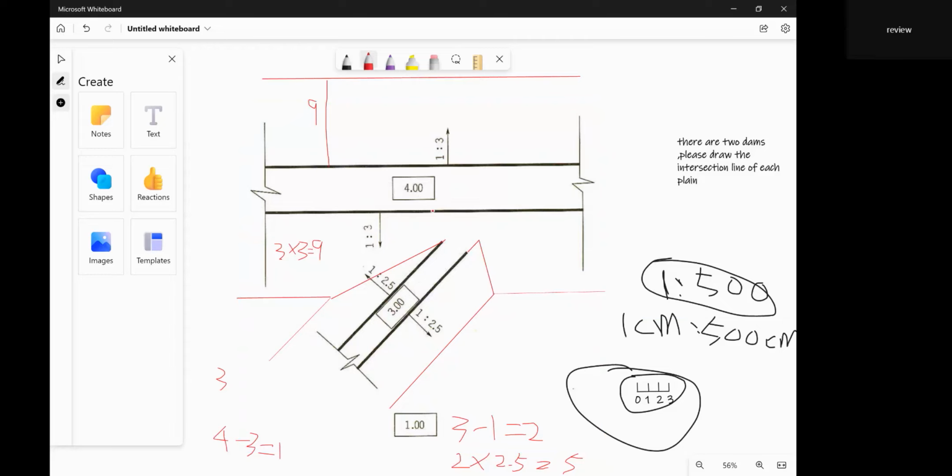The difference is 4 minus 3, which is 1, and the slope is 3, so 1 multiplied by 3 equals 3. Now use the scale ruler to measure the distance 3. This one is 3.